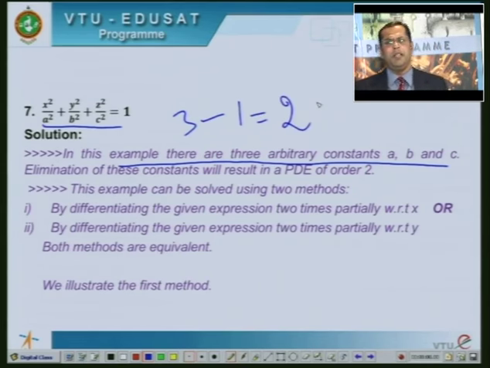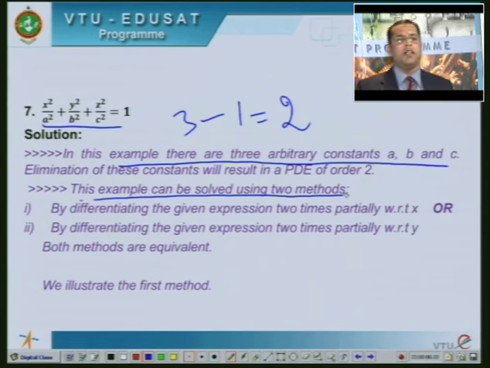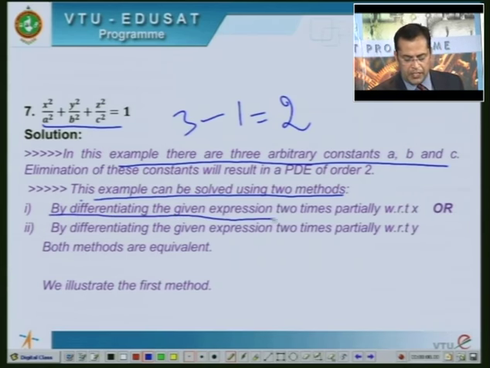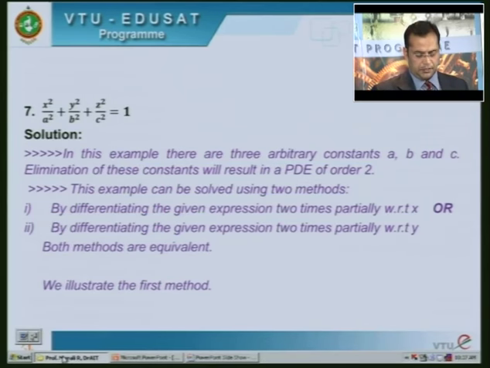But this example in particular has 2 simple methods. This example will be solved by 2 methods. As I told you, all partial derivatives are not necessary: either differentiating the given expression twice partially with respect to x, or differentiating the given expression 2 times partially with respect to y, and both methods are equivalent. So, we will illustrate the first method.